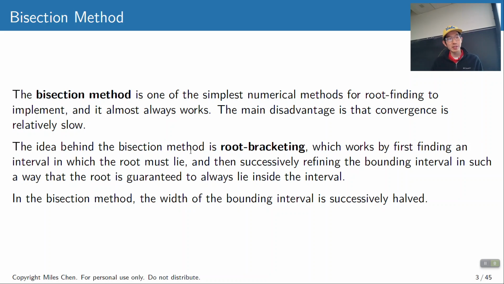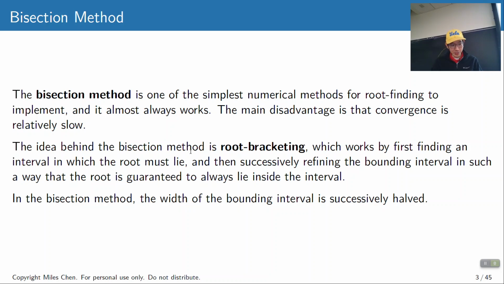So bisection method is another root finding method where we're trying to find where the function is equal to 0. And a great thing about bisection method is that it's almost always going to work. The only requirement is that the function is continuous.